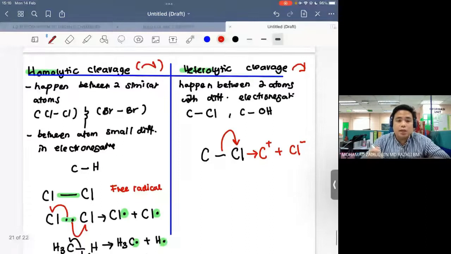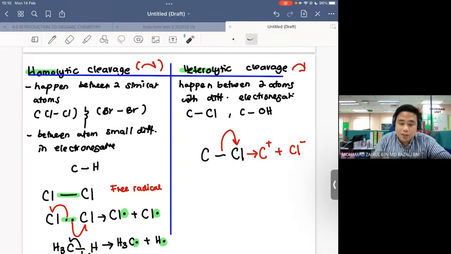Compared to homolytic cleavage, which produces uncharged products with an unpaired electron, for a heterolytic cleavage our product is going to be a charged species, where one species will obtain 2 electrons and another will lose both electrons. So in heterolytic cleavage we will produce a positive charge and also a negative charge.